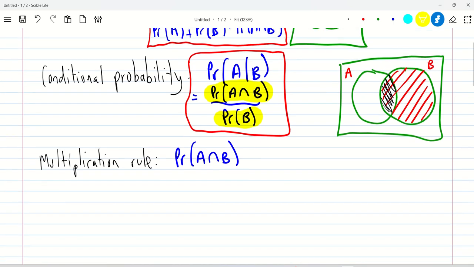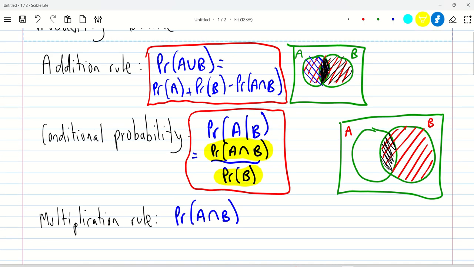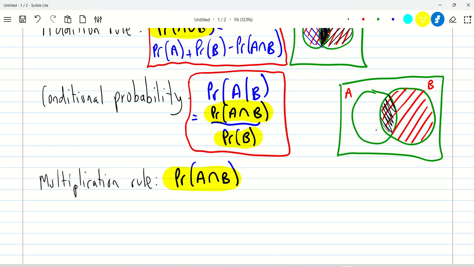Okay, and the last rule that we're going to look at today is the multiplication rule. We found the addition rule was about finding the probability of A union B. This one's about finding A intersect B. If we look back at the conditional rule formula, we can rearrange that, all right?